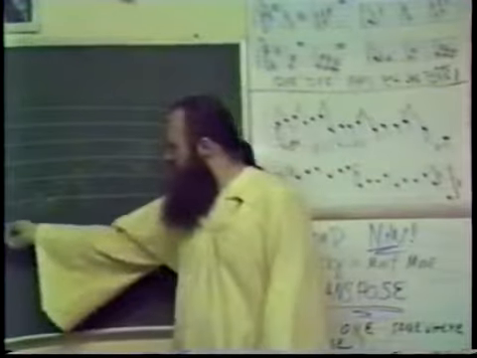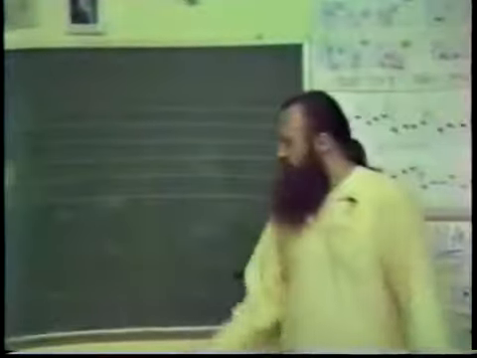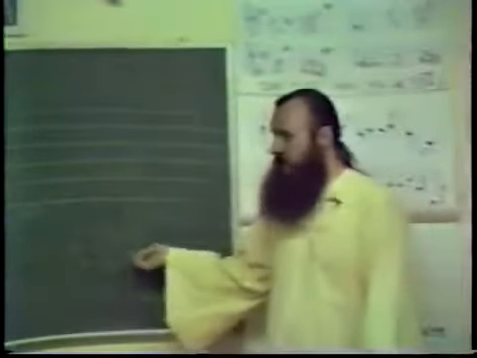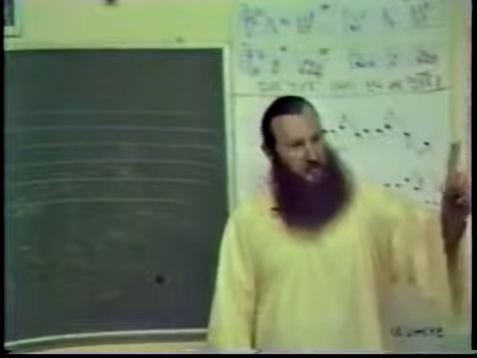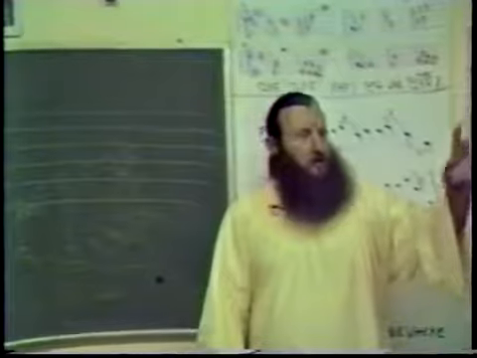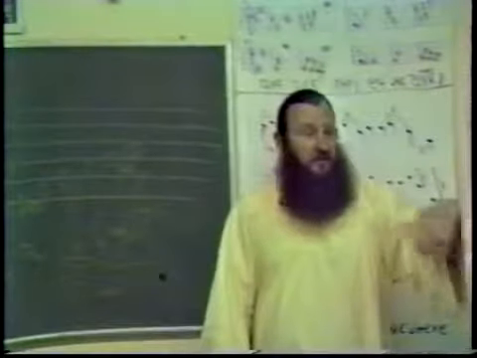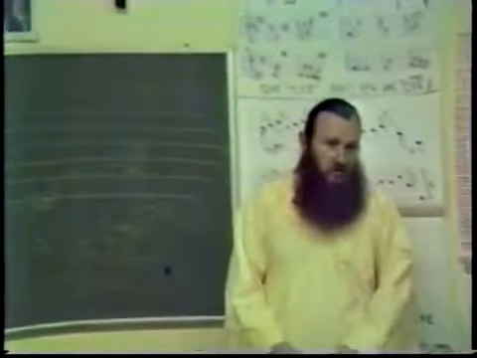Anything from 3 down, a second and a third, must not have any half steps. But everything from there up must have 1 half step in it. And if it's got 2 half steps or no half steps, then it's too big or too small. Now let's see how that works.